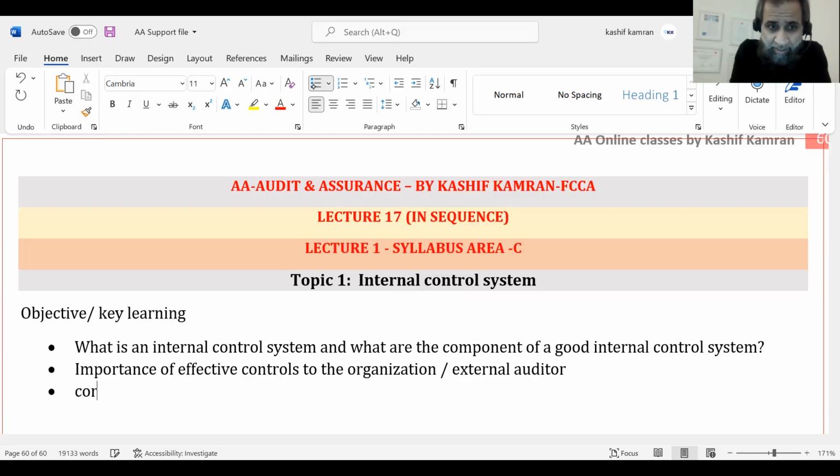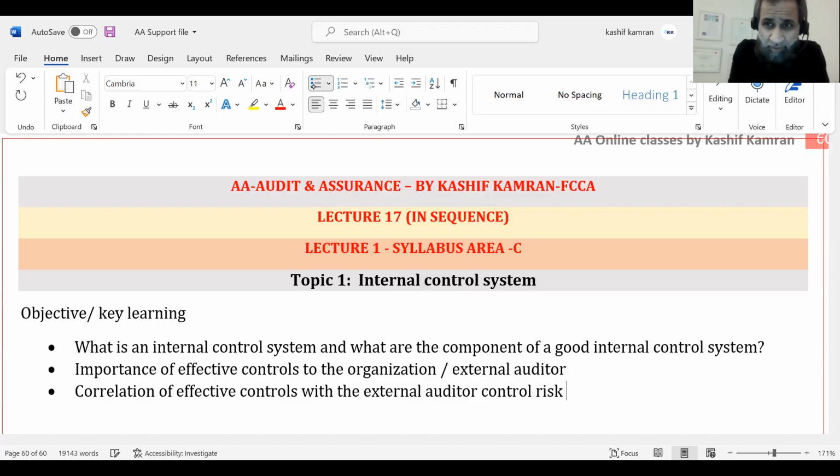And you should also understand the correlation of effective controls with the external auditor's control risk, which he assesses at the planning stage in syllabus area B. So the key learnings are to know what an internal control system is, what the components of a good system are, the importance of good controls to management and to the auditor, and the correlation of effective controls with external auditor control risk.